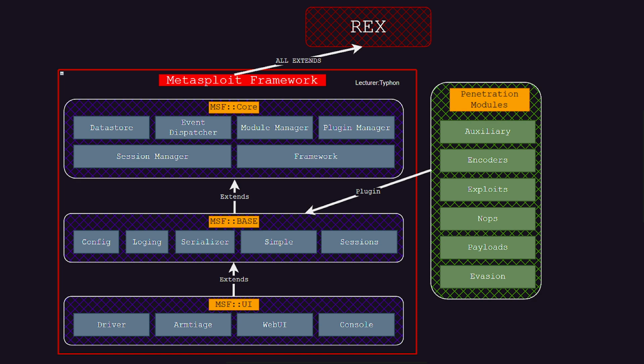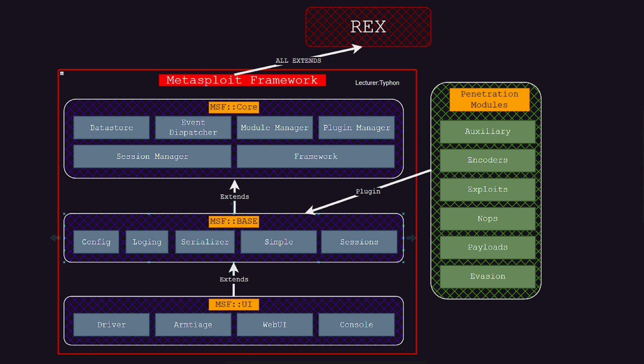This structured approach ensures Metasploit is not just a collection of tools, but a cohesive framework where every component works together to empower security professionals in their assessments and tests.